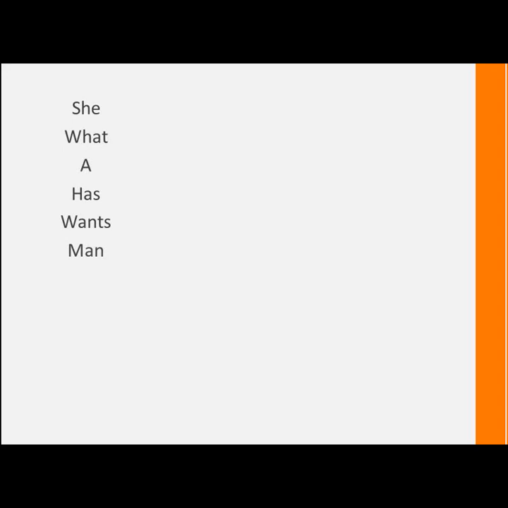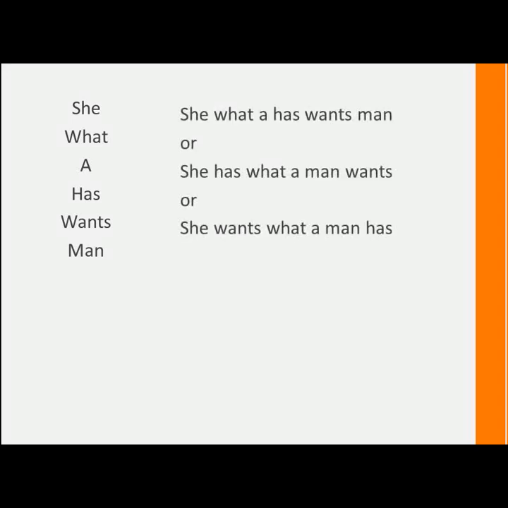Bagaimana cara menyusun kata-kata ini menjadi kalimat? So there are some alternatives. First, see what a has once meant. Do you think this sentence is meaningful and correct? No, we don't know what it means. But if you arrange like this one, she has what a man wants. It does make sense.